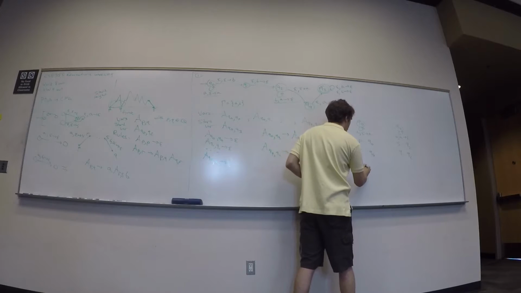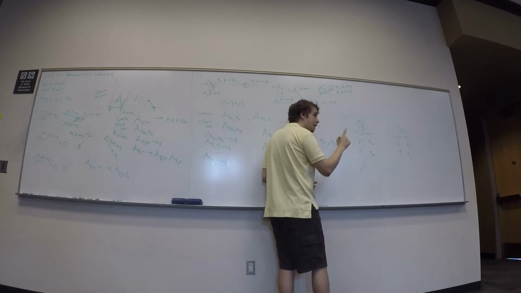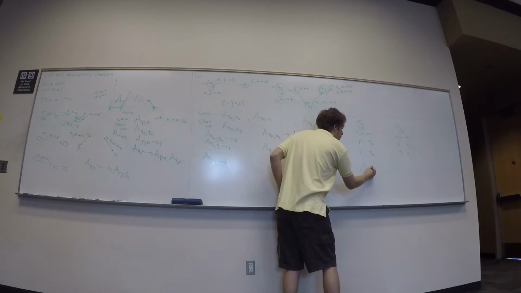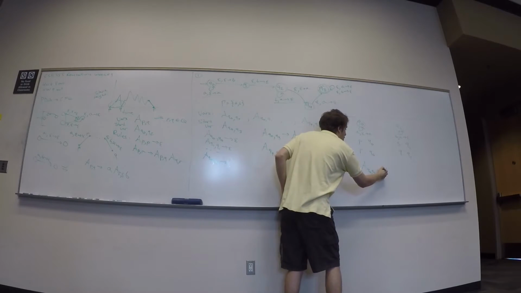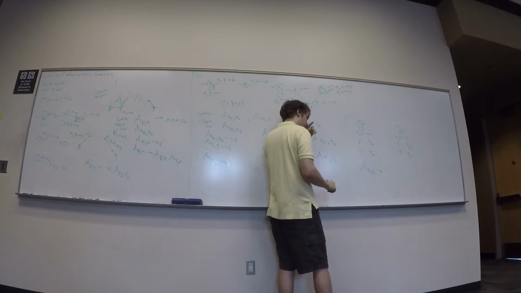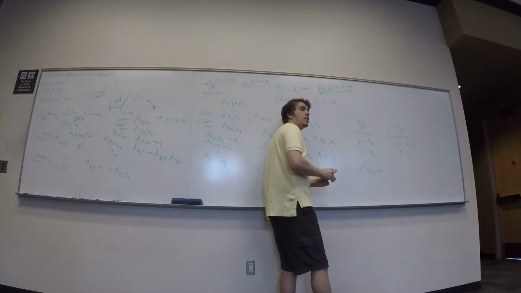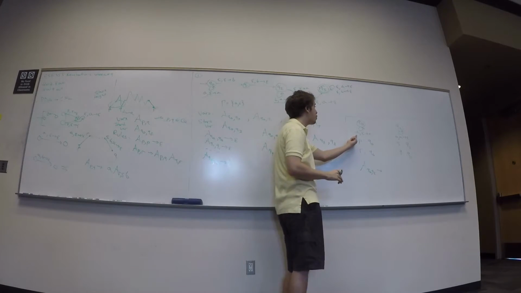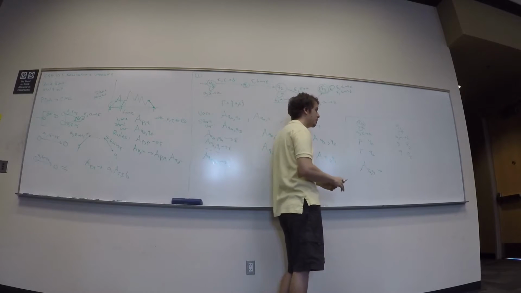Well, let's see. I gotta know how to get from P to Q. Well, what is that? That's Q0 to Q2. Do I read on the push transition? Yeah, I read an A right here. That's what the transition said.